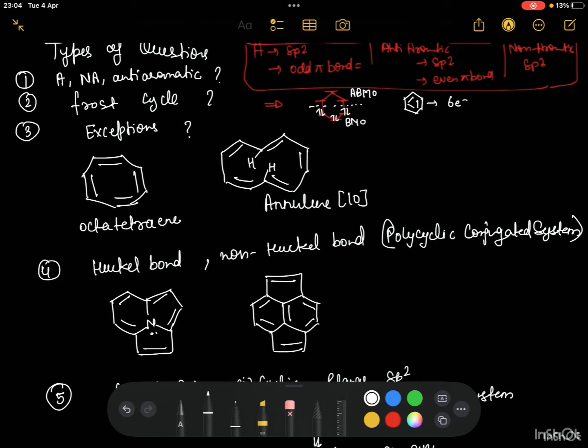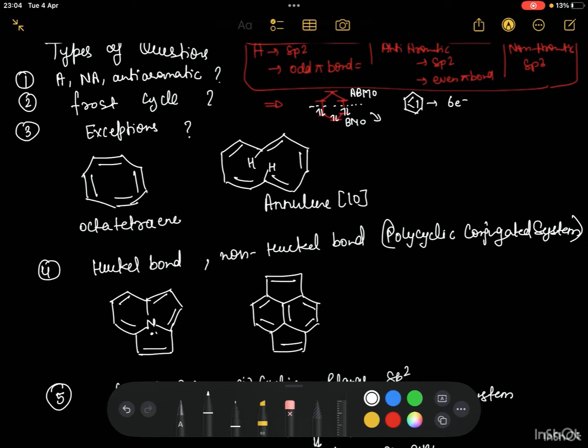All electrons lie in bonding molecular orbitals. That means benzene is stable, benzene is aromatic. If all electrons go into bonding molecular orbitals, the compound is aromatic.